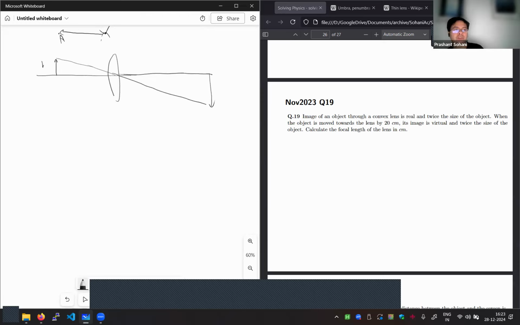If the original object is hi, then ho is twice hi. Immediately you see that if I use the labels u and v, then by similar triangles, the ratio u upon v will also be hi upon 2 times hi. Or in other words, if I rearrange this, v is twice u, right?